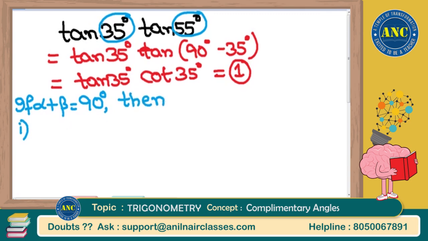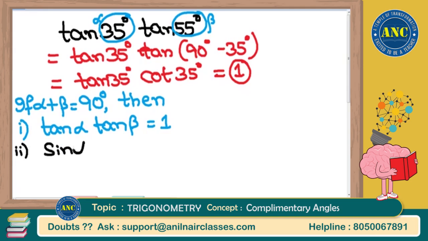Tan alpha into tan beta, the product will always be equal to 1. Similarly, the second conclusion is sin alpha.